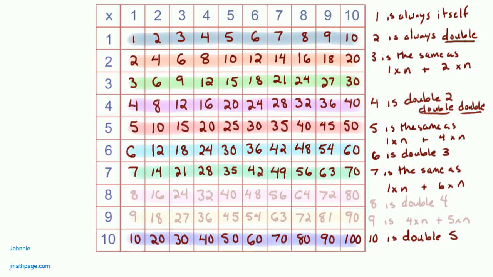But 1 times a number plus 6 times a number worked out for us well here. 8's were pretty straightforward. 8's were double 4's. We could also just say they're double double doubles. And 9's? 9's we decided to say that's 4 times a number plus 5 times a number. And 10's, we made double 5's.